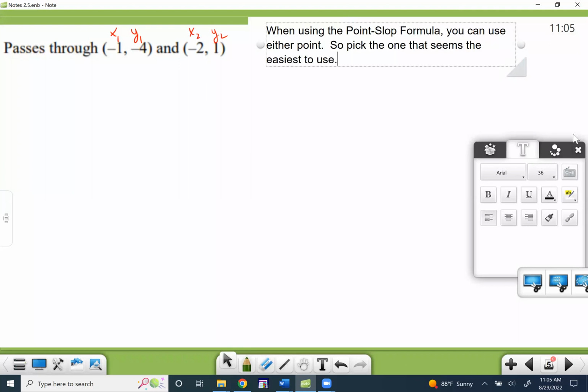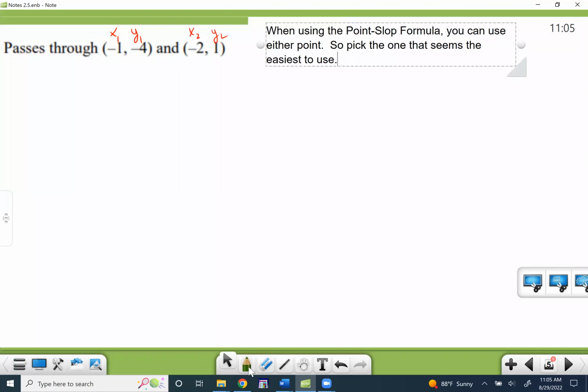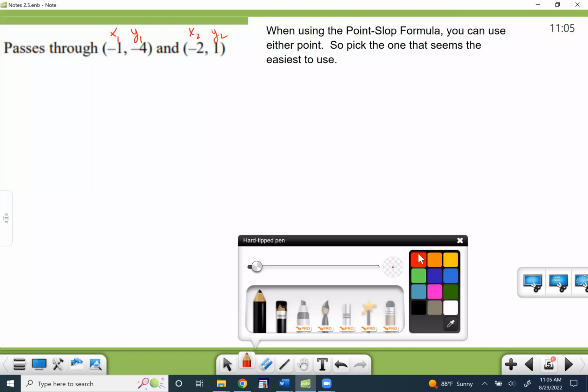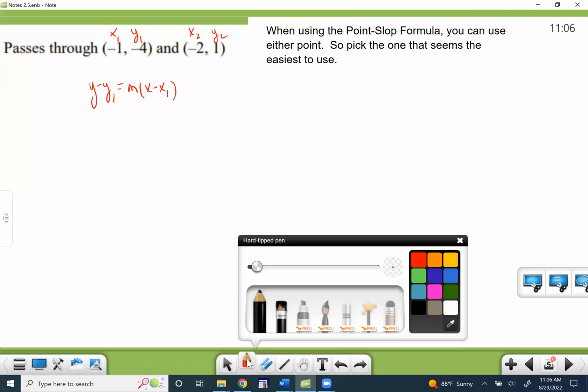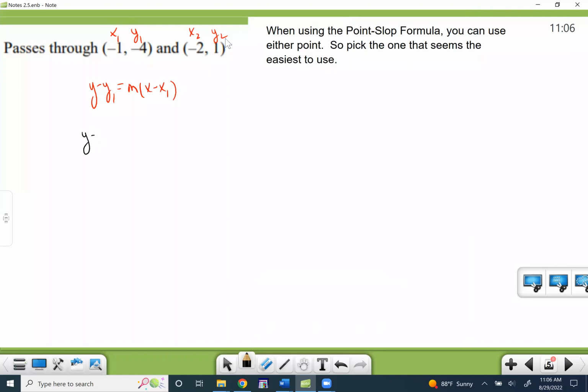Okay. All right. So if we go back to that moment in time where we were doing the point slope, we didn't have to use this one, in other words. What we could have done is we could have used the other one. So y minus, and we could have used this y value, y2.